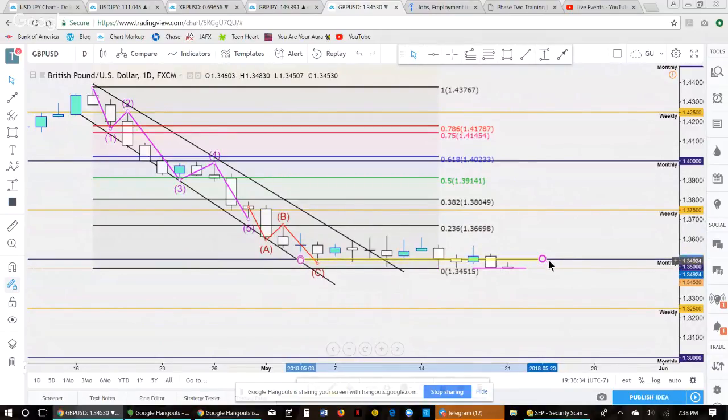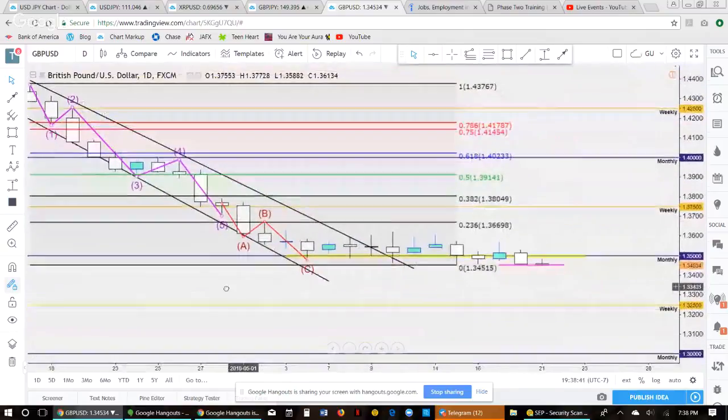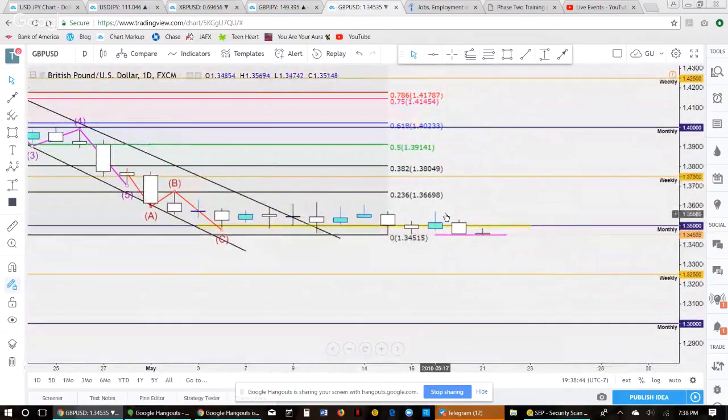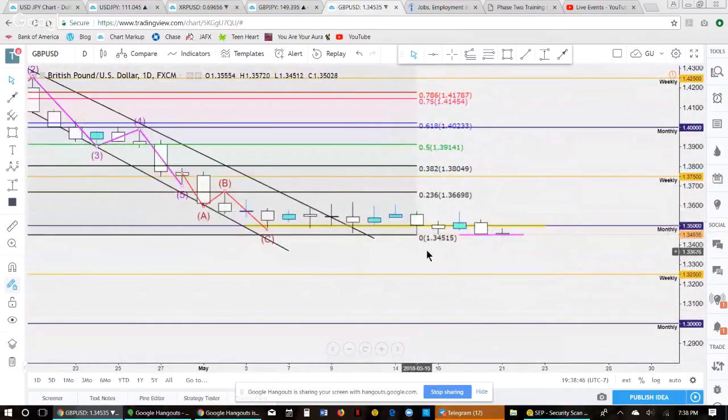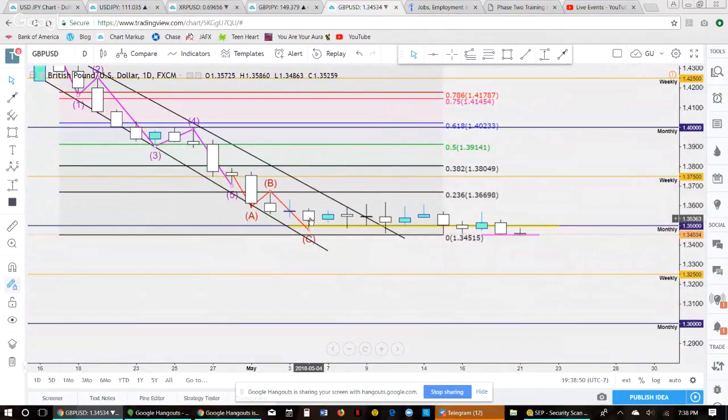But the one thing that's always stuck with me in my trading is that consolidation makes structure. So regardless, you're going to be looking out for something big, especially since it's been consolidating since the beginning of the month.